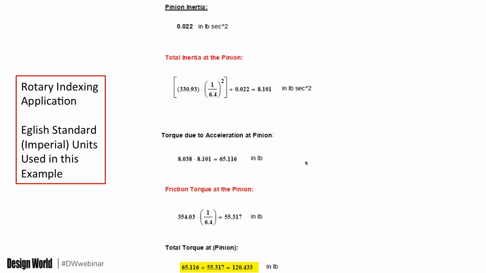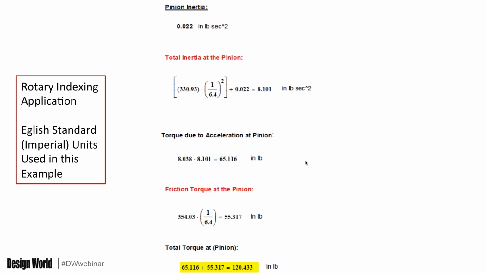Now, inertia is always going to be divided by the square of the ratio when you're reflecting it back. So we're taking that inertia that we calculated earlier and we're reflecting it by the ratio of the 6.4 squared. And we're going to basically end up with our torque due to acceleration at the pinion, which again gets back to acceleration times the inertia. We will again take the friction torque into account.